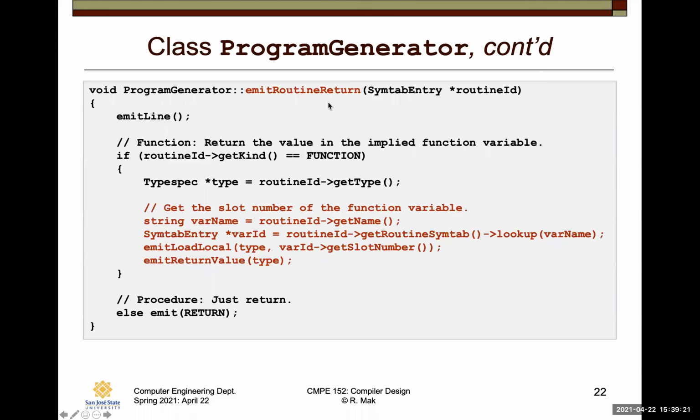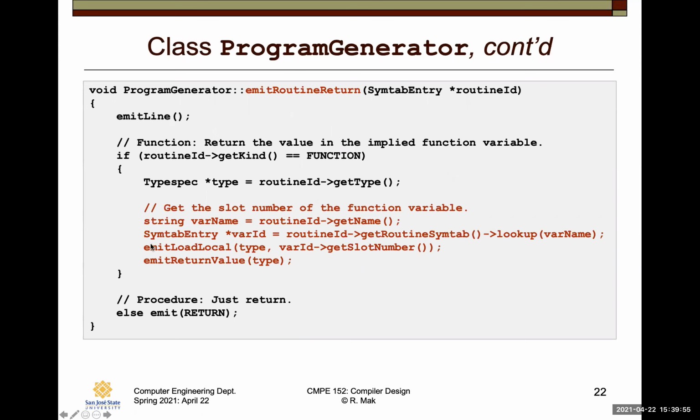And here, emitting the return. If it's a procedure, that means it's not returning a value, so I just emit a return. If it's a function, then I have to return the value of the function, which, if you remember with Pascal, the way you specify the return value is that somewhere there was an assignment statement to a local variable whose name is the same as the function name.